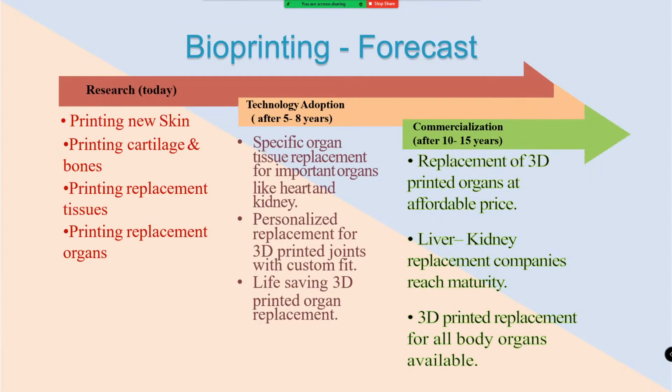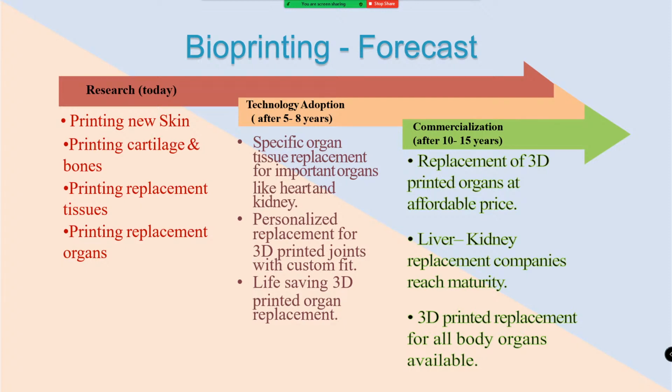So, bioprinting progress: recently we can print skin, we can print bones, we can replace tissues, we can replace organs. After 5 to 10 years, specific organ tissue replacement for important organs like the heart and kidney, personalized replacement of 3D printed joints with custom fit, and life-saving 3D printed organ replacement will happen.